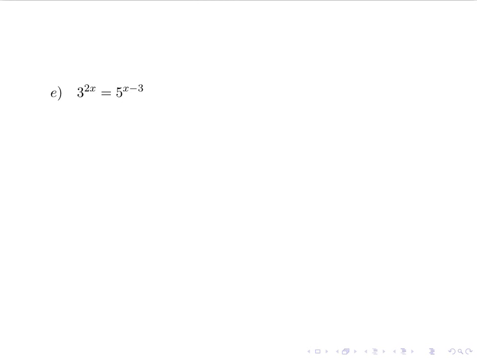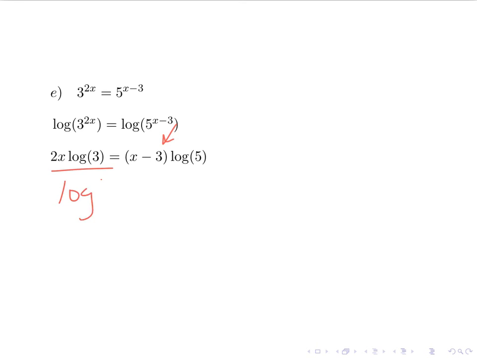Let's do another one. 3 to the 2x equals 5 to the x minus 3. So again, I have 2 exponents, so I'm going to take the log of both sides. So log of 3 to the 2x equals log of 5 to the x minus 3. Use rules of logs, bring down my exponents. Again, I'm going to put my x minus 3 in parentheses. And then again, I'm going to divide both sides by the log of 5.